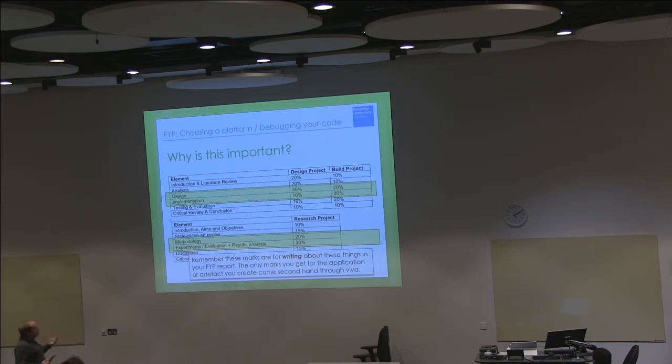So doing a good discussion about your platform, the technical design, defending your platform, whatever you want to call it, choosing your platform, there are lots of marks available in various bits of your project for doing this well. Okay? And once again, I've said this before, remember these marks are about the things in your final year report. The only marks you get for the application or artifact you create come second hand through the viva.